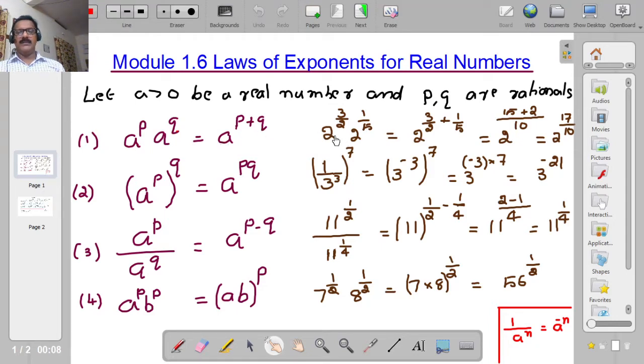See this example, 2 raised to 3 over 2 times 2 raised to 1 over 5. Here instead of a we have 2, instead of p we have 3 over 2 and instead of q we have 1 over 5. So the result is 2 raised to 3 over 2 plus 1 over 5. So we have to add 3 over 2 plus 1 over 5.